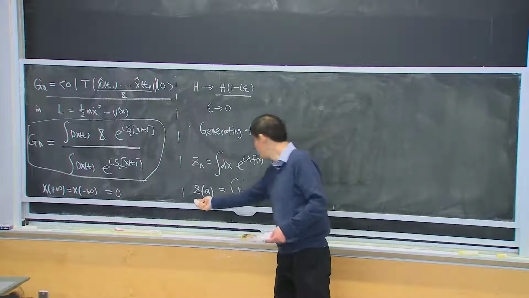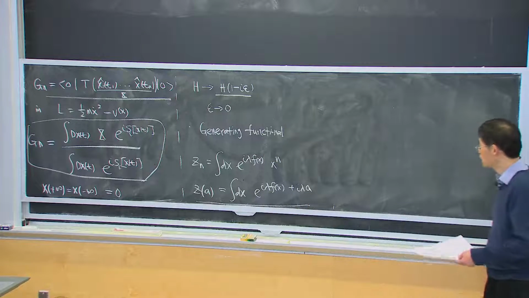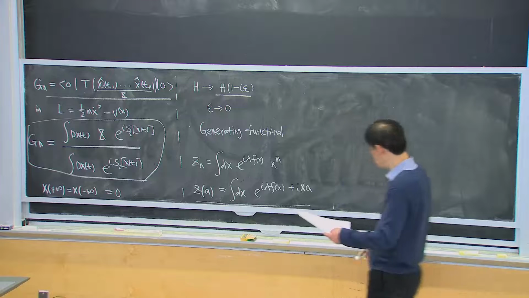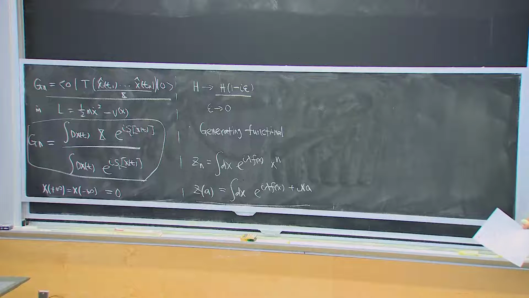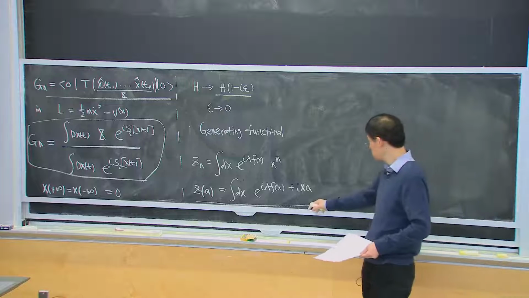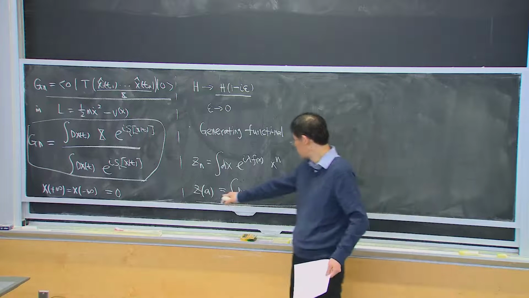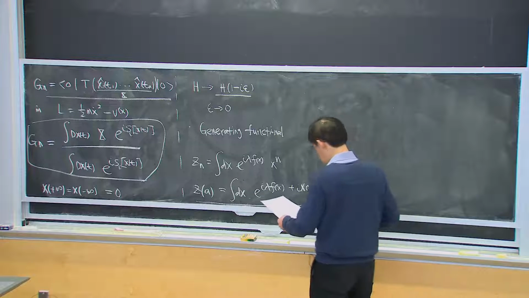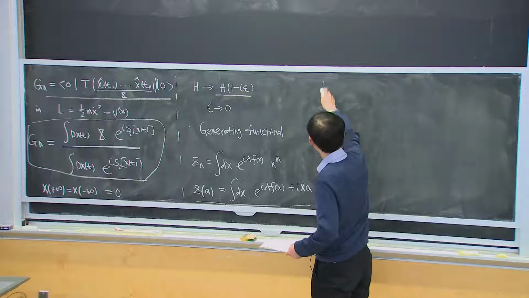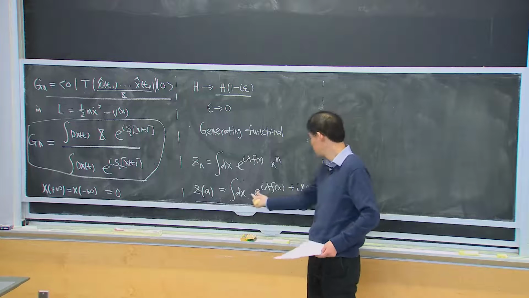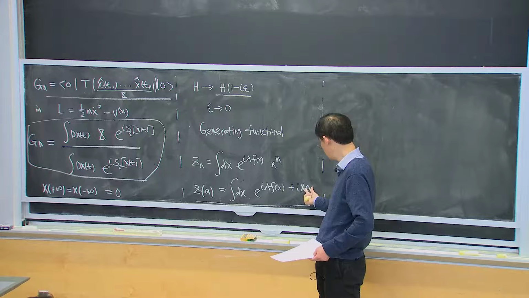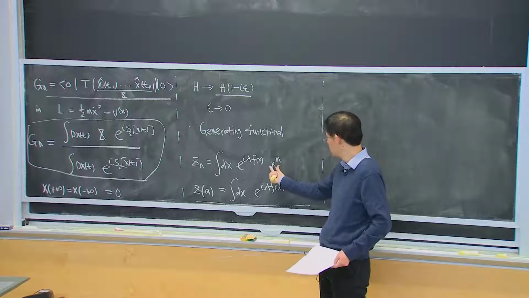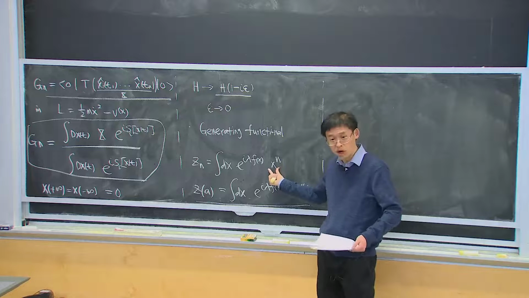So the benefit of considering this integral, sorry, x^a, is that if you take a derivative with respect to a, that will bring down a factor of x. If you take a derivative twice with respect to a, you bring down a factor of x squared, and if you do it n times, you bring down a factor of x to the power n.